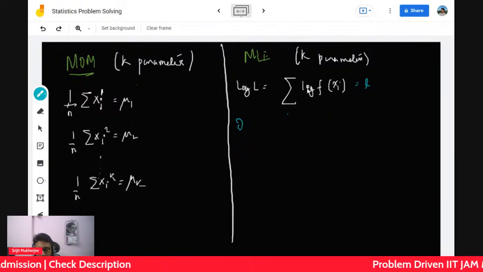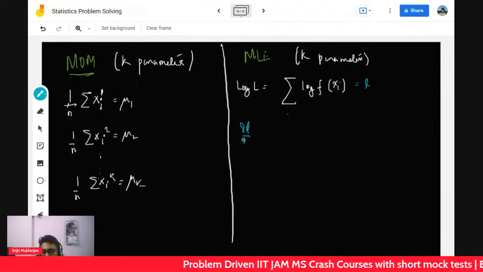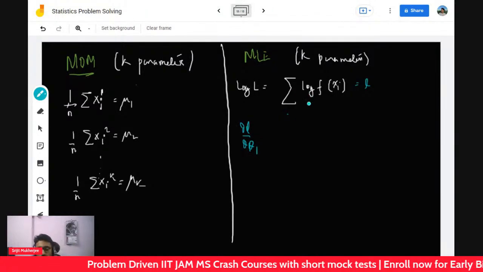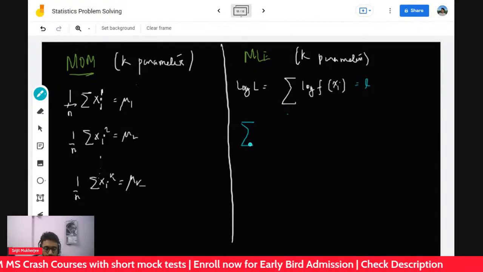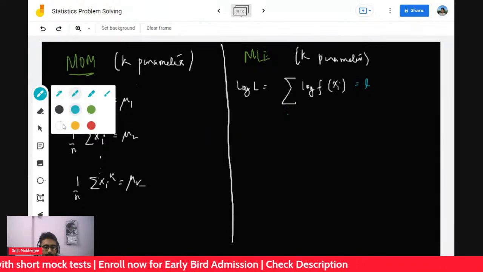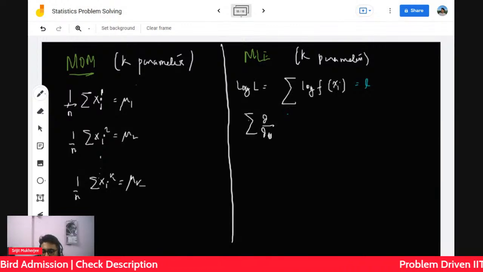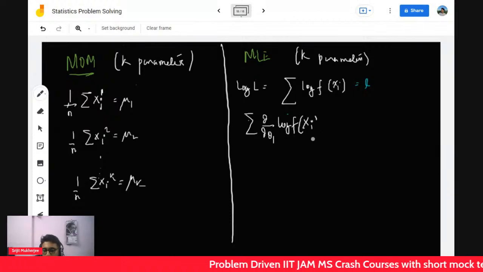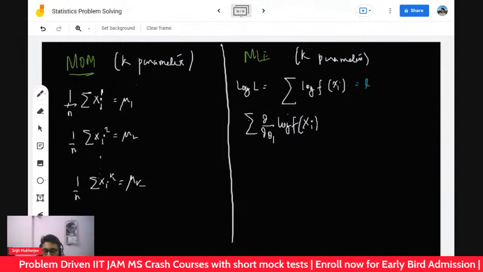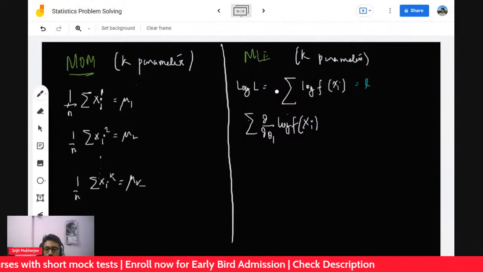So let's see. We do del L del theta 1, which is same as, this derivative will be going inside, the summation of del del theta 1 of log of f of xi, which is a function of theta, of course.